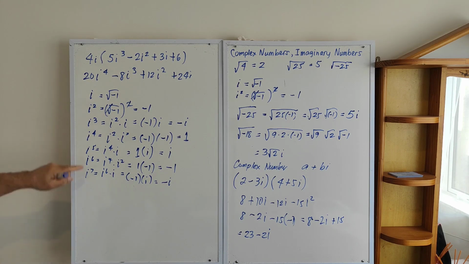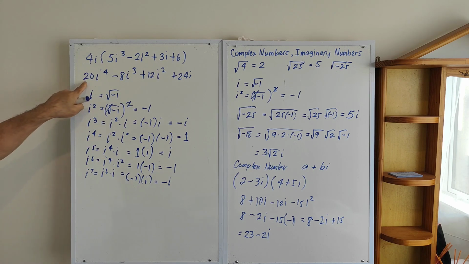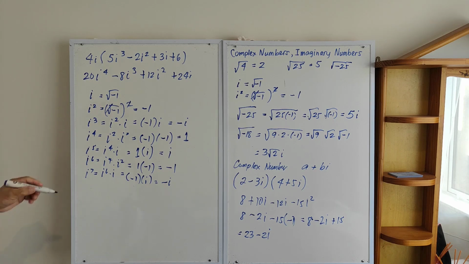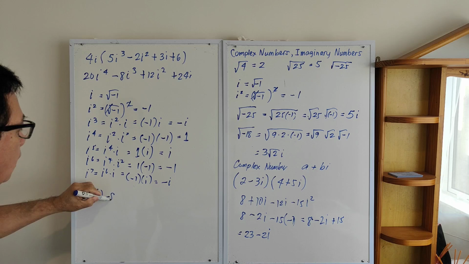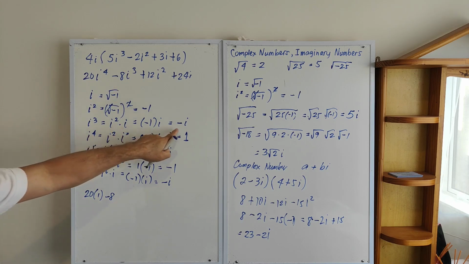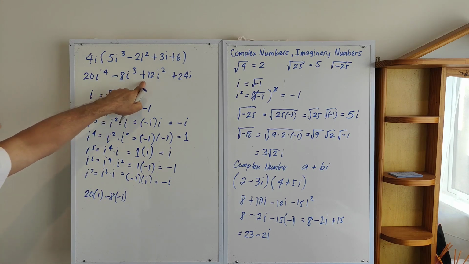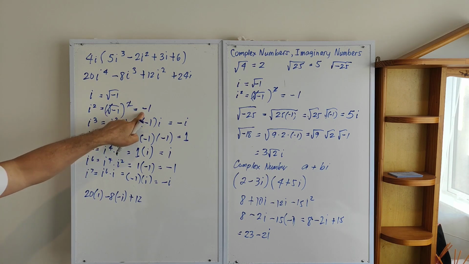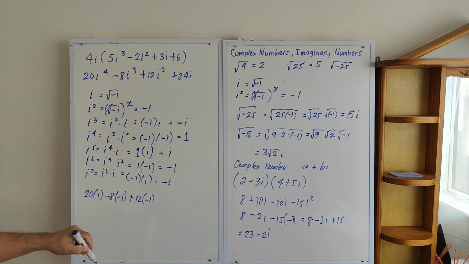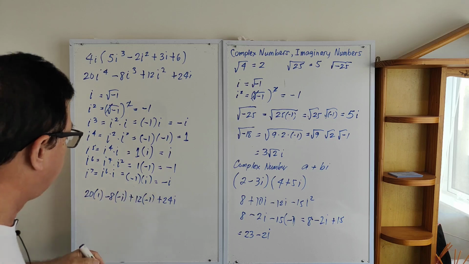Now we can replace the i's with exponents with the values that we have. So 20i to the 4th becomes 20 times 1, since i to the 4th is 1, minus 8i cubed. i cubed would be negative i, so negative 8 times negative i, and then plus 12i squared. i squared would be negative 1, and then 24i would still be 24i.